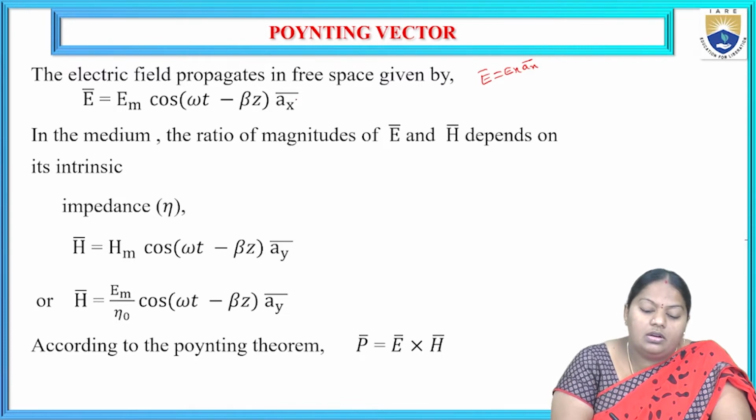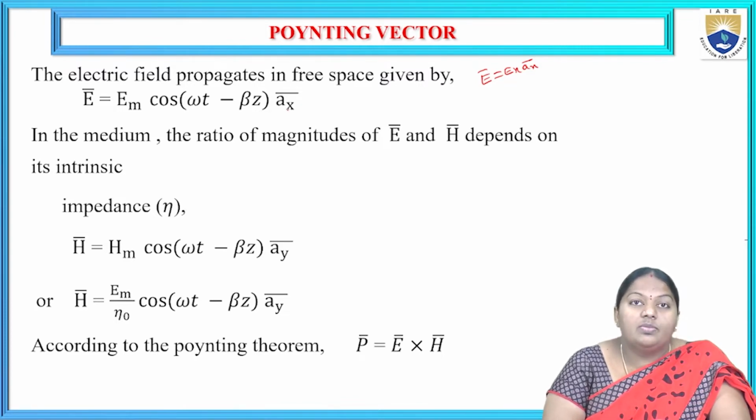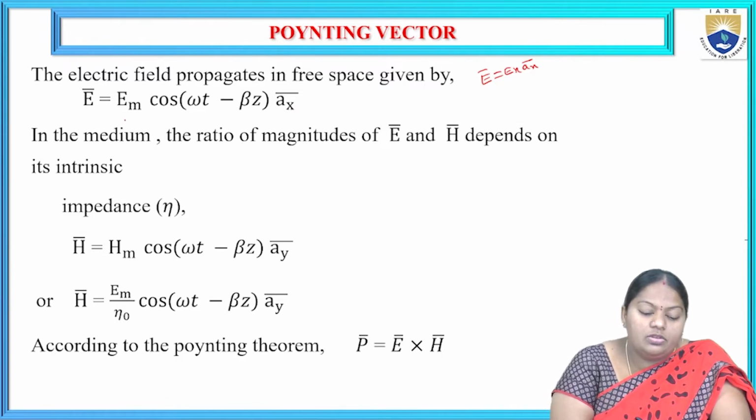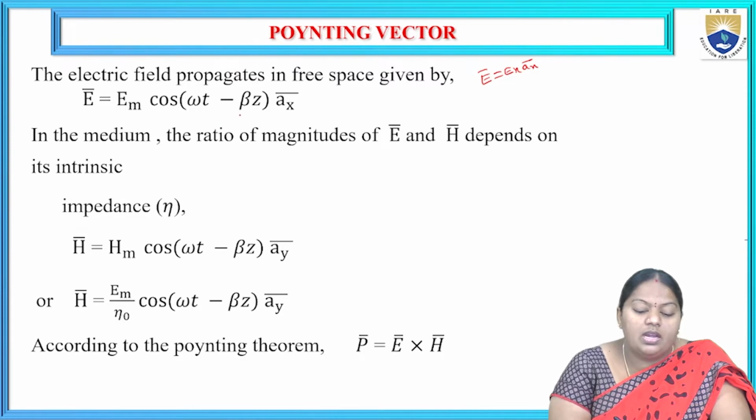So this we have already discussed in the fundamental case of the electromagnetic wave equation, that is, E bar is given by its magnitude Em cos(omega t minus beta z) into Ax. This is the propagation direction Z, and initially we are assuming the electric field is in the x direction, right?